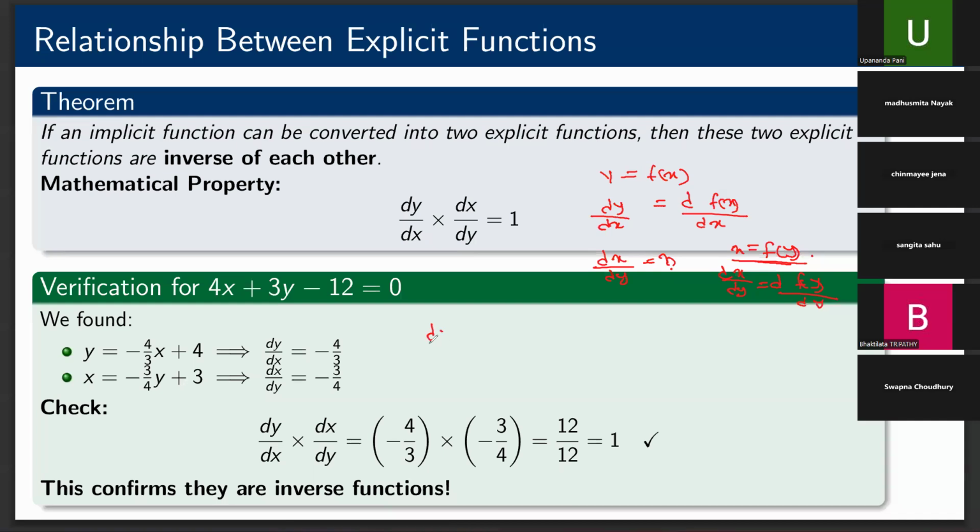Suppose given my dy upon dx, what is the value of dx upon dy? You simply take its reciprocal, 1 by dy upon dx. This is the formula: the derivative dx upon dy is the reciprocal of the derivative dy upon dx. When we cross multiply it, we get the theorem that dx upon dy into dy upon dx is equal to 1.